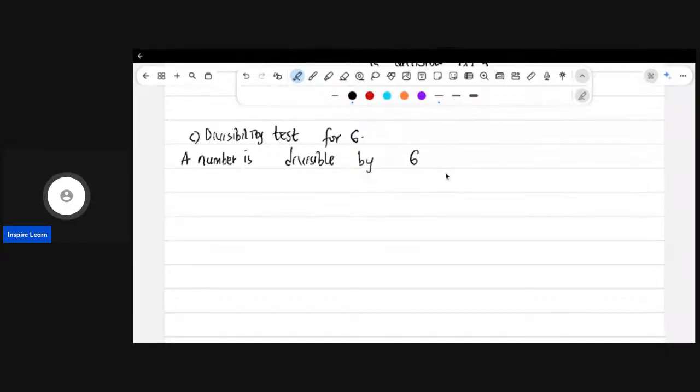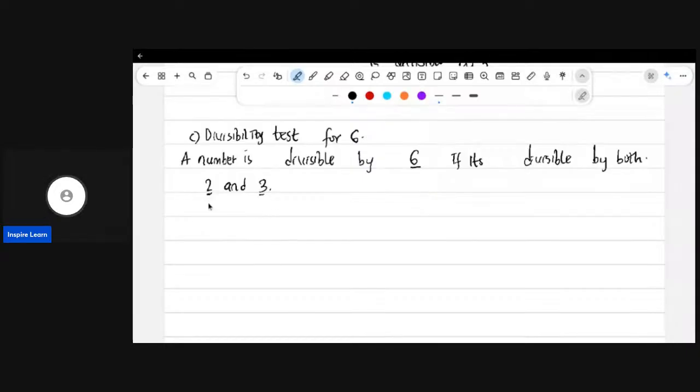By 6 if it's divisible by both 2 and 3. Something to take keen note of. A number is only divisible by 6 if it's divisible by both what? By both 2 and 3.